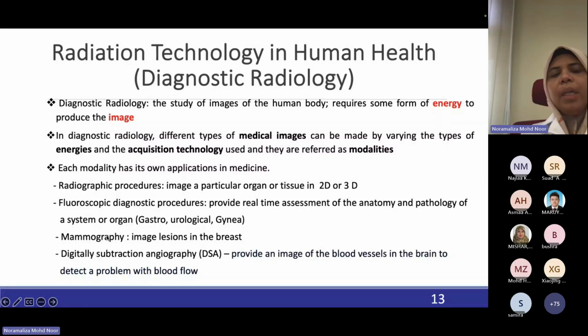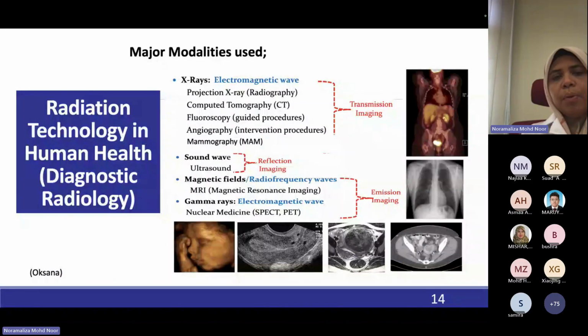And then to image a lesion in the breast, usually we use the mammography machine. Whereas for digital subtraction angiography, DSA, we can see the image of the blood vessels in the brain to detect a problem with the flow, or we image our heart vessels. This is just for diagnostic purposes.